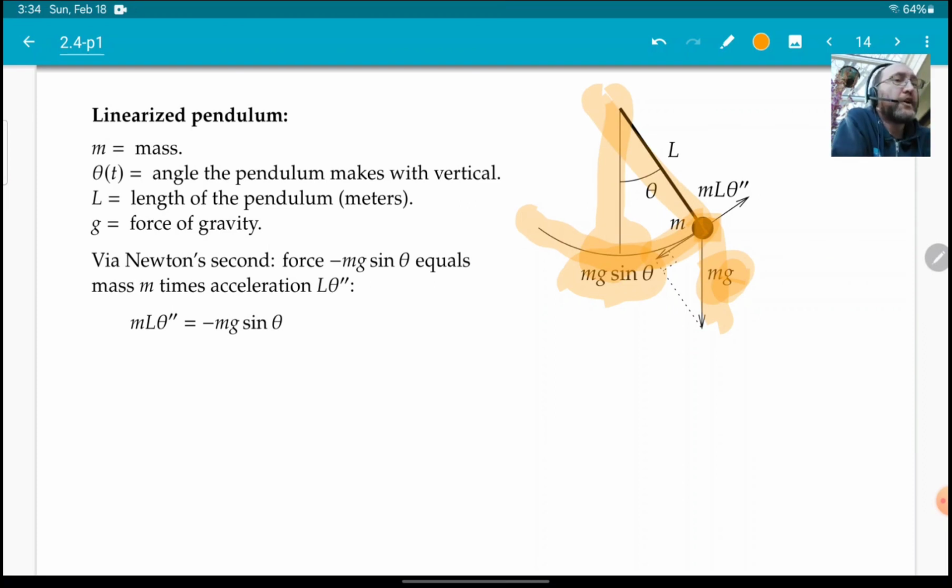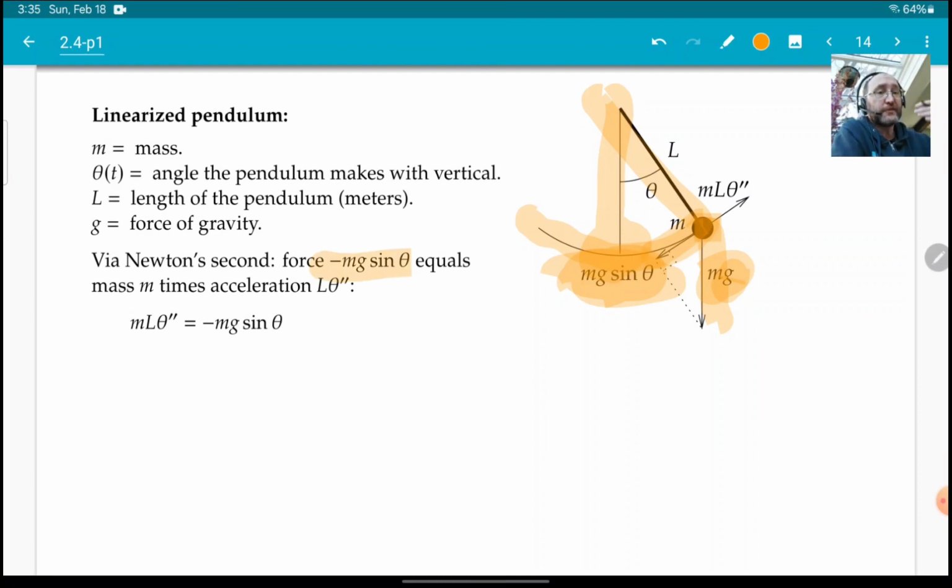Okay, so that's the force acting on the mass from gravity, and you can think of it as going in the negative direction, because if theta is going in the positive direction, this is pulling back. So it's really minus mg sine of theta.